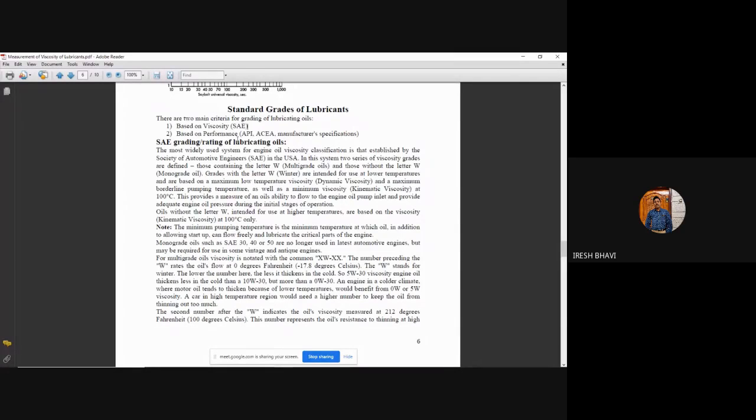API is called American Petroleum Institute, whereas ACEA stands for Association des Constructeurs Européens de l'Automobile. It's a French name, ACEA. It is Association Constructeurs Européens Automobile.